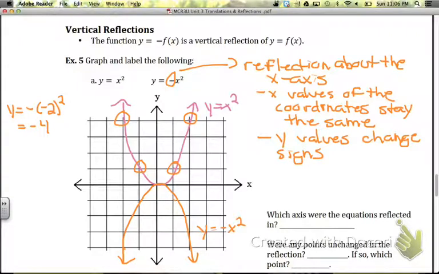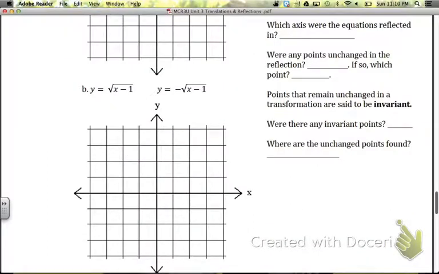Now let's look at another example of our vertical reflections. What we want to do in part B here is graph y equals the square root of x minus 1 and y equals negative square root of x minus 1. It doesn't ask us to actually do our base function and graph it, but we can graph our base function of y equals the root of x.